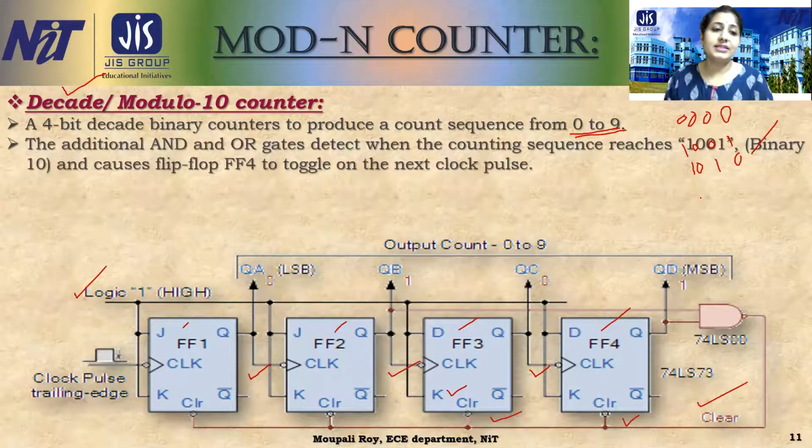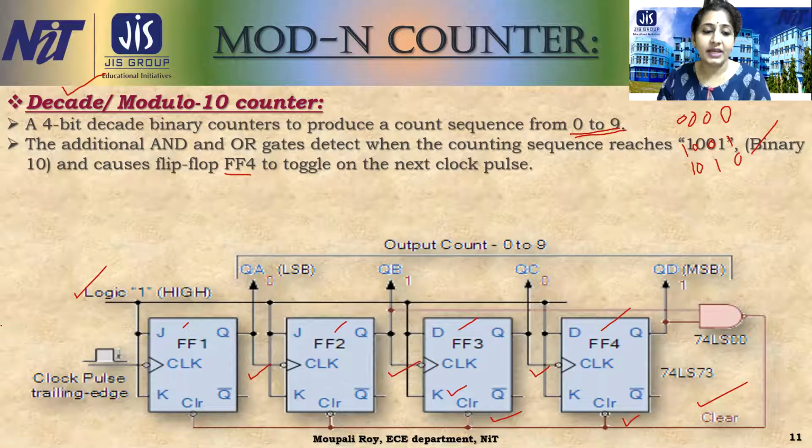So what we can say, the additional AND or OR gate detects when the counting sequence reaches 1 0 1 0. That means the binary 10 and it clears, the flip flop 4 is toggled in the next clock pulse. This flip flop 4 is toggled for the next clock pulse, and this is the clear one.